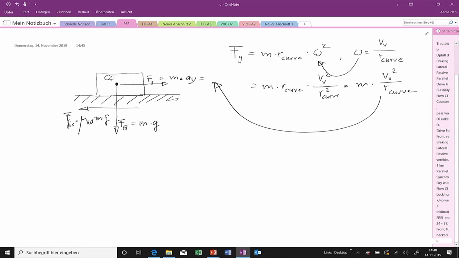Of course, the curve limit, or the highest speed to go through the curve, or the smallest radius, is given when both forces are equal. So this means m times g times mu at, under this condition, is the mass times ay max.